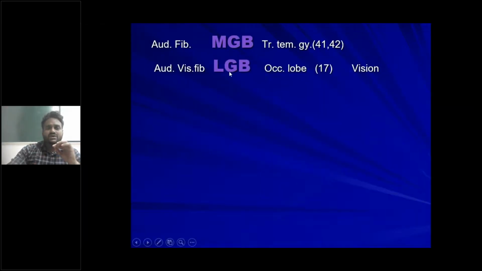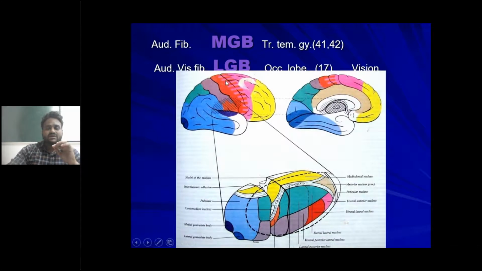Now we come to the remaining two, medial geniculate body and lateral geniculate body. You know it. These two are present below the pulvinar part, that means the posterior end of the thalamus. Medial geniculate body receives the auditory fibers, and lateral geniculate body receives the visual fibers. That is, the medial one is concerned with the auditory pathway, and this one with the visual pathway.